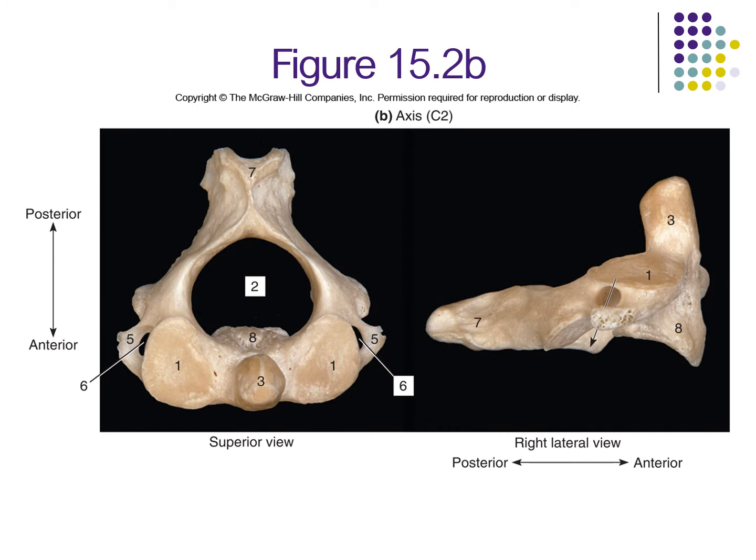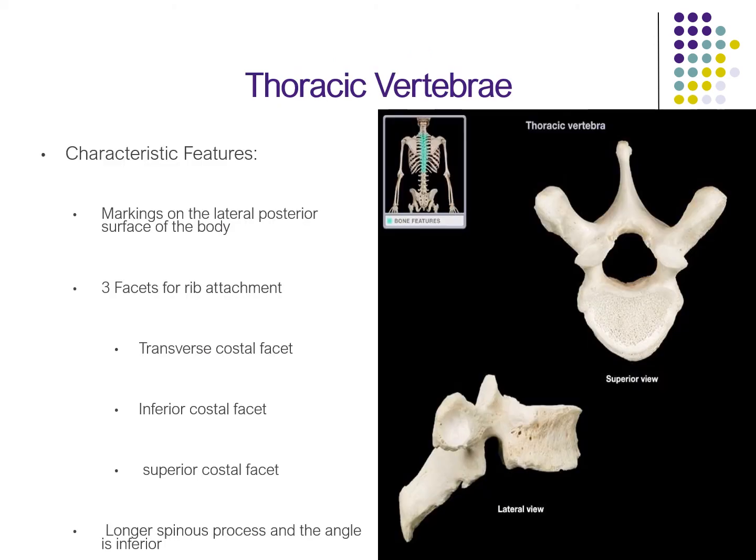This is another example of the axis. Okay, so you have the superior costal facet, the transverse, and the inferior, which is kind of hard to see on this one.